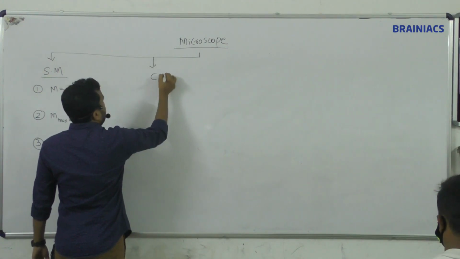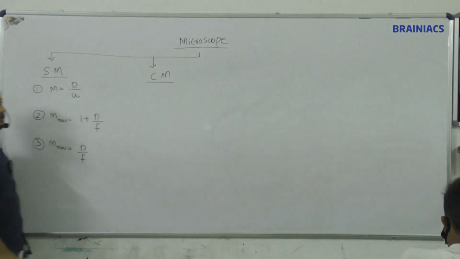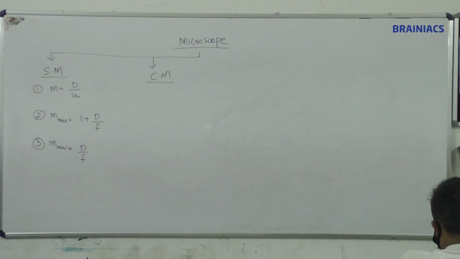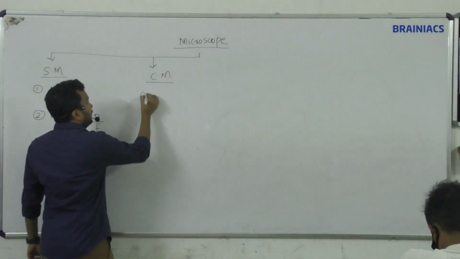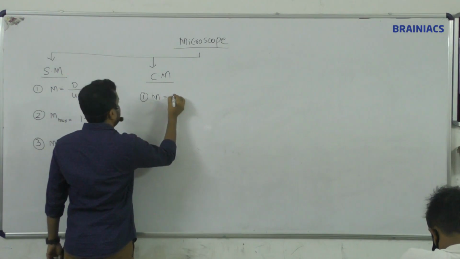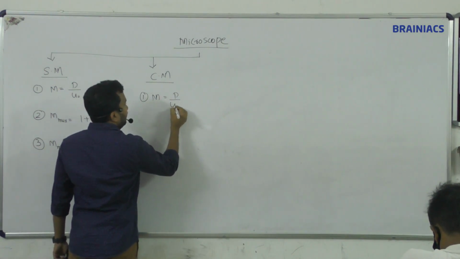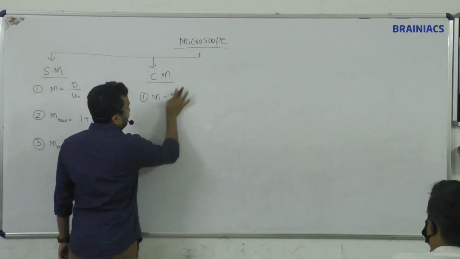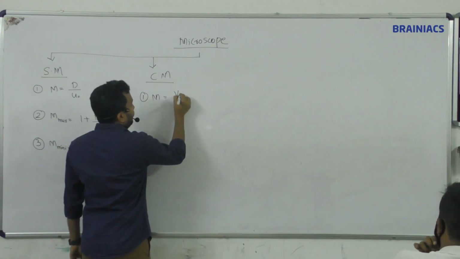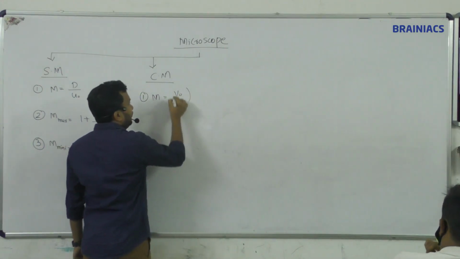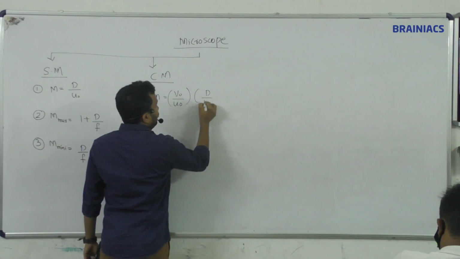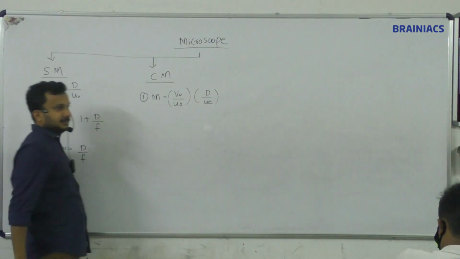Compound microscope, CM. The general formula for M in the compound microscope is D by V naught by U naught into D by UE, eyepiece.